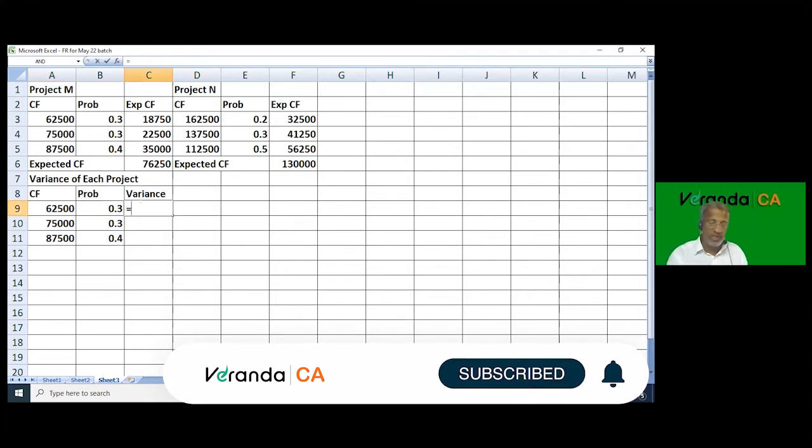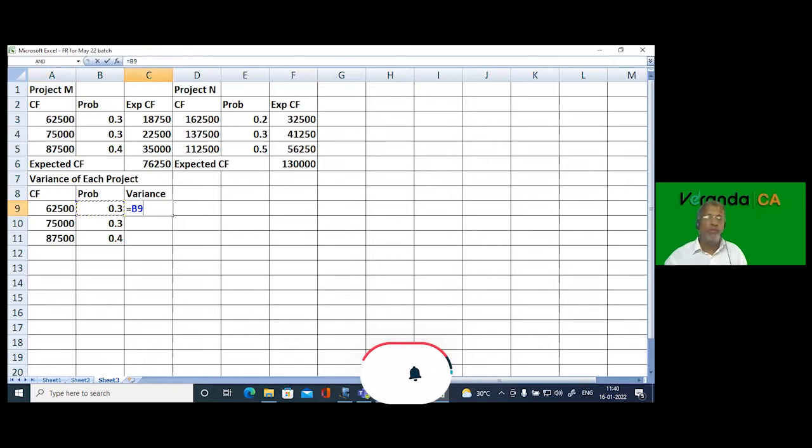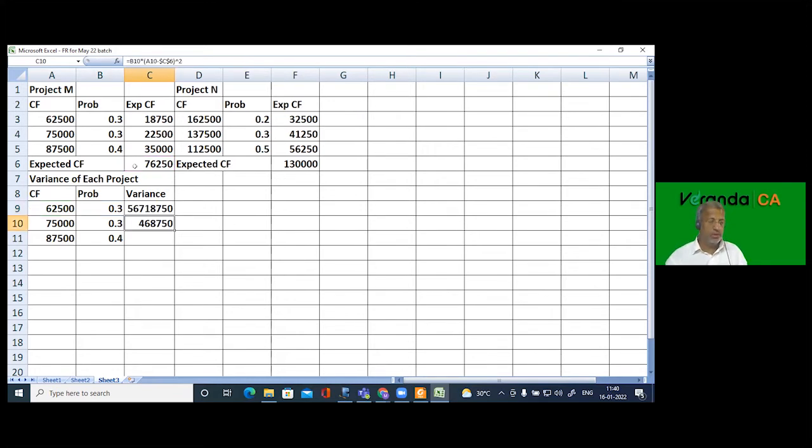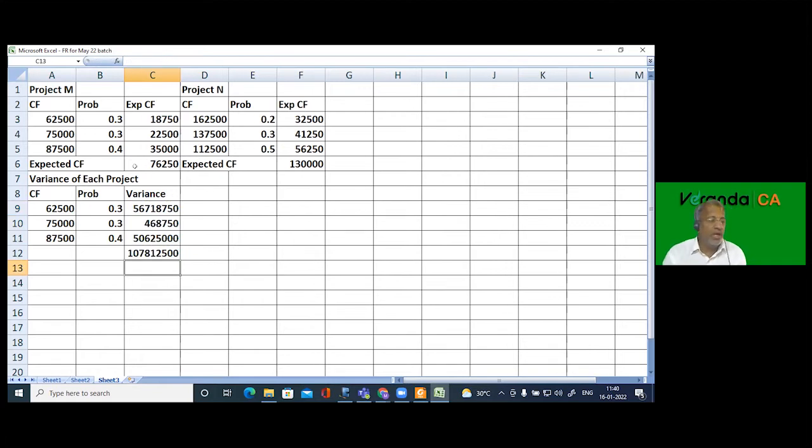All of you just check. Equal to probability multiplied by 62,500 minus 76,250 to the power 2. So variance is 10 crore 78 lakhs 12,500.